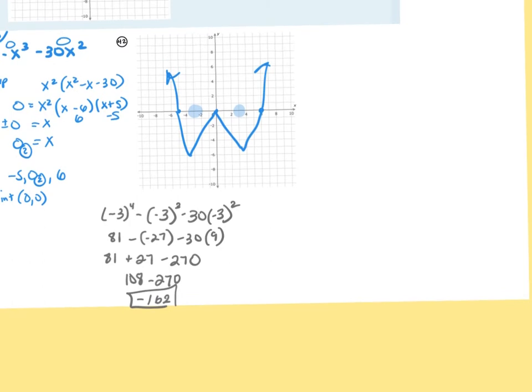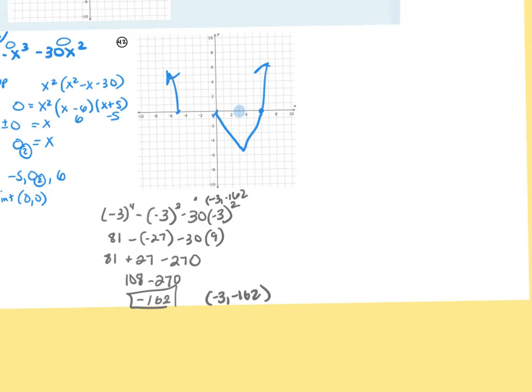So that's really low. I'm going to just plot it. So -3, -162, obviously way down.